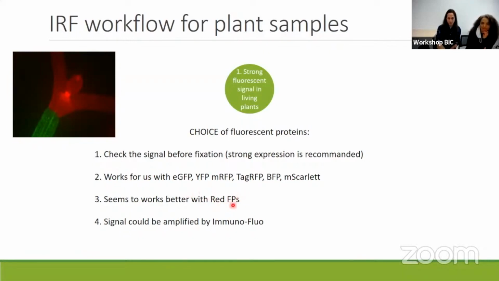This might be explained by the properties of fluorescent proteins, such as the pKa, and the pH of the resin and such characteristics. But don't worry, if you have a weak signal after the fixation, remember that the protocol is compatible with immunofluorescence and immunolabeling in general, for example immunogold also. So your signal could be amplified.